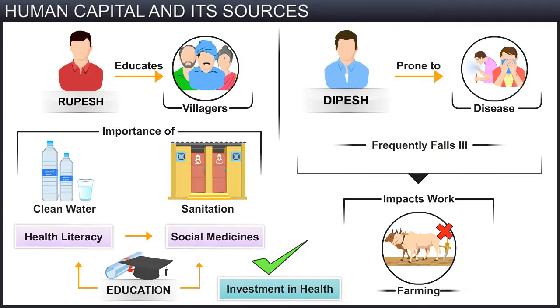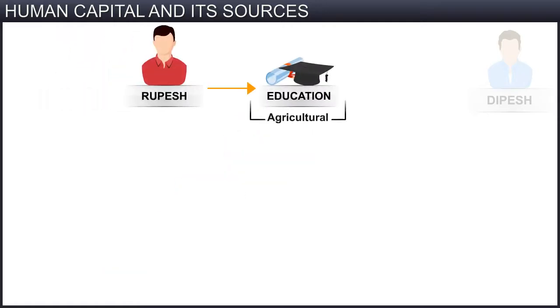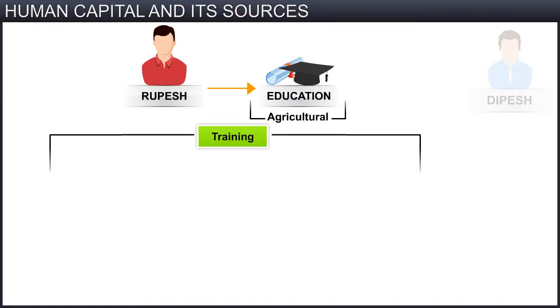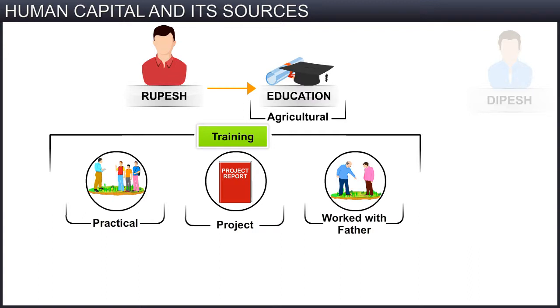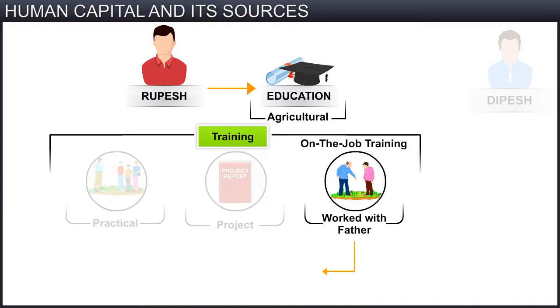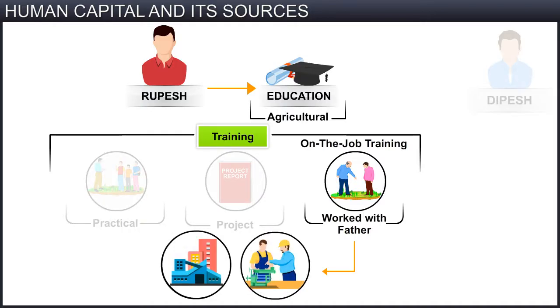Now, while pursuing his agricultural education, Rupesh underwent training through various kinds of practical and project work. He also worked on his farm under his father's supervision, which can be seen as his on-the-job training. This is very similar to many production companies, wherein employees get hands-on training by working in an actual job under the supervision of seniors.